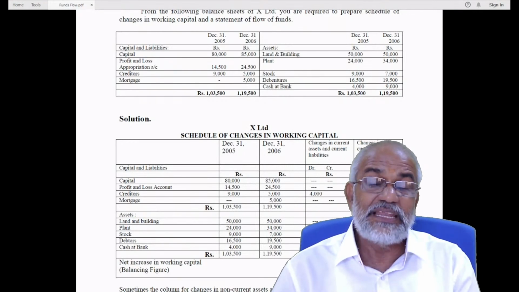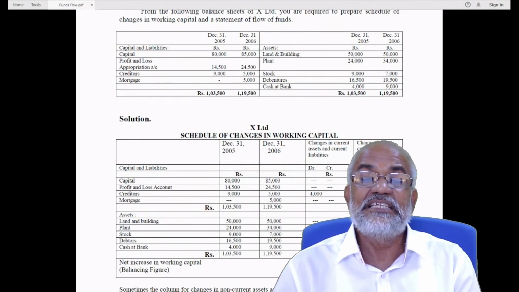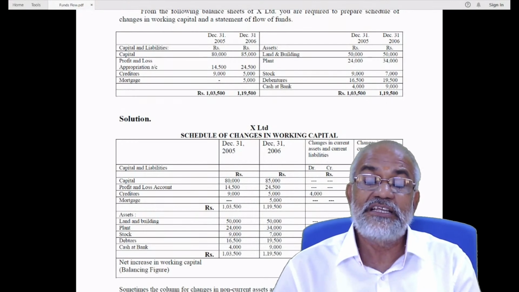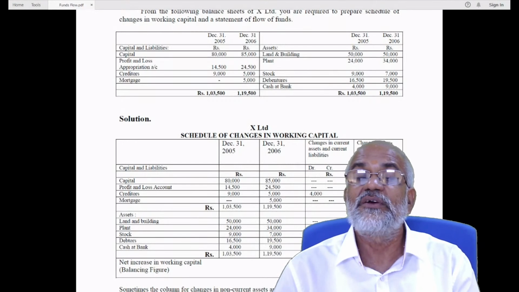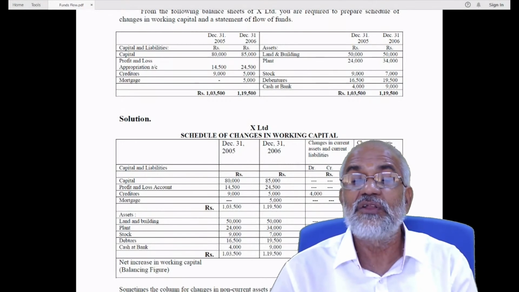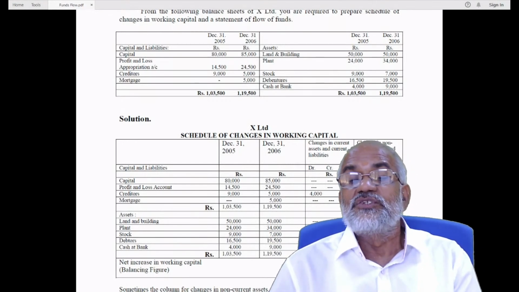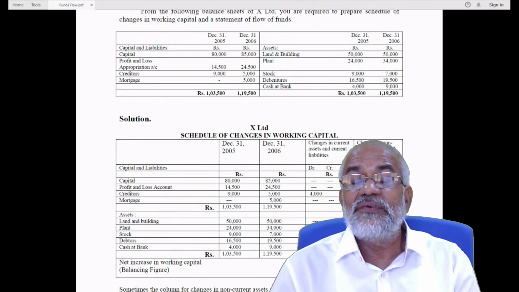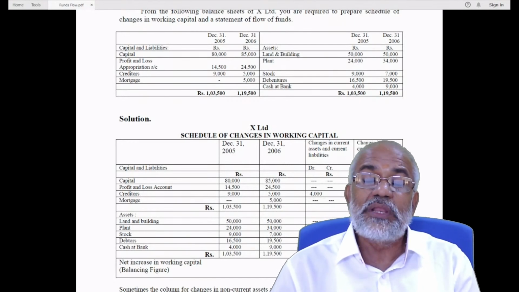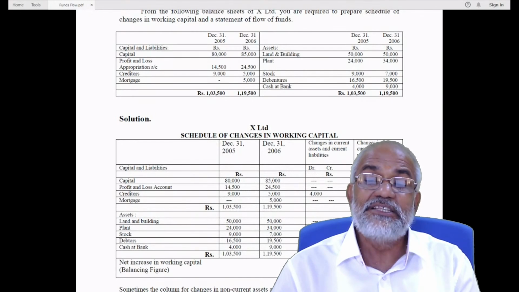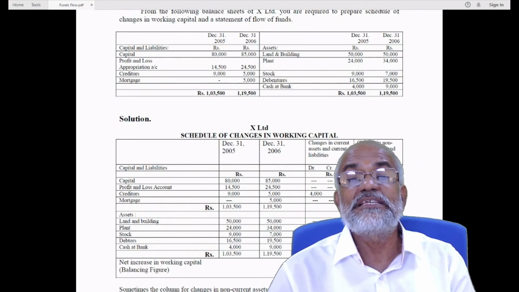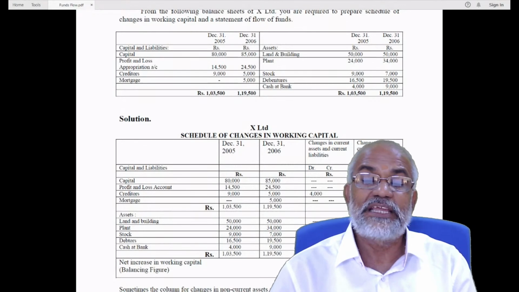Since cash and bank balance is a current asset, its increase by 5,000 rupees has to be inserted in the debit column of the current category, and it will not affect the non-current category at all. So now we have given treatment to all the individual items of assets and liabilities in the balance sheet through preparation of the statement of changes in working capital.